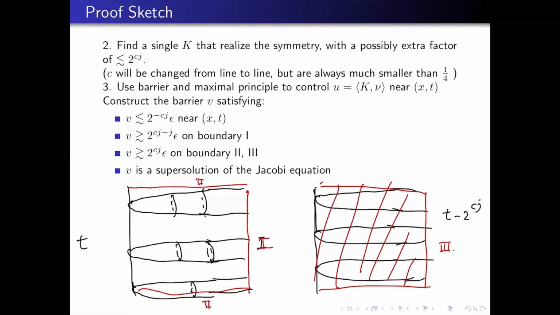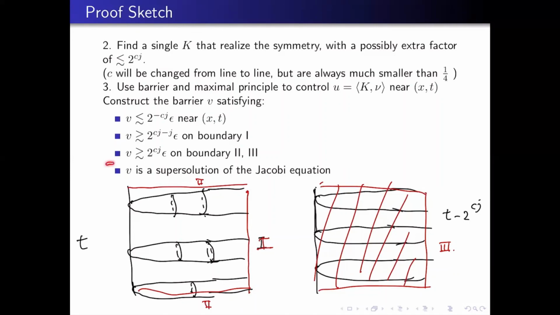Now we construct a barrier on this parabolic neighborhood. The barrier is denoted by V, and we would require that V overcome the upper bound that we have obtained before, yet U is very small near the base points, so that we can control the U near base points.